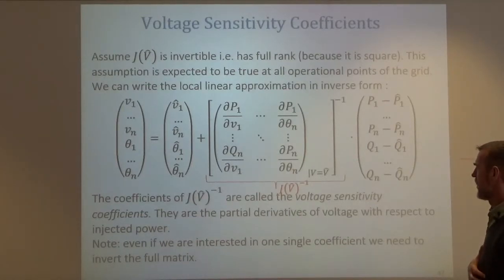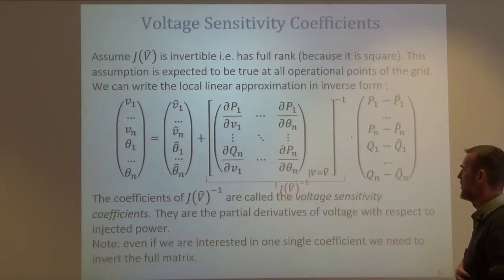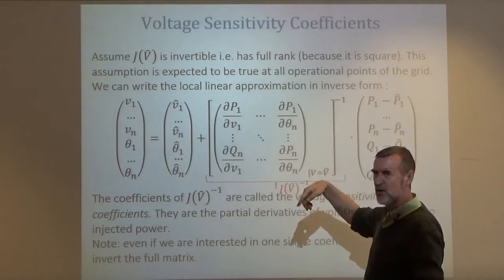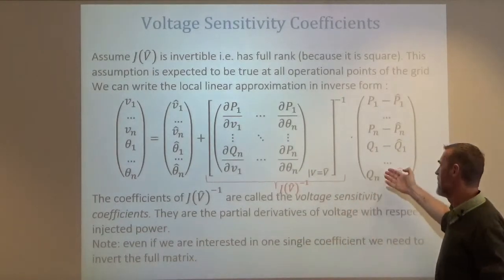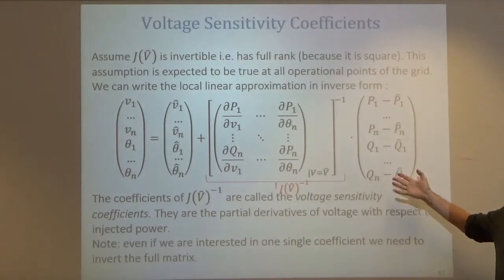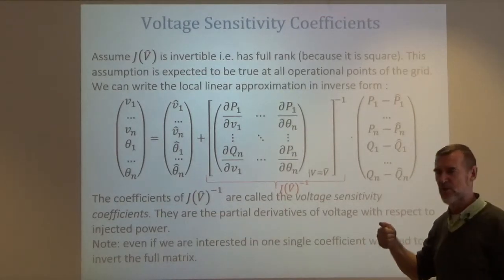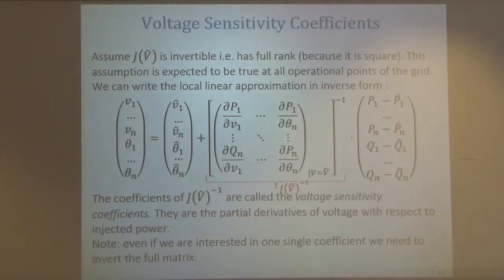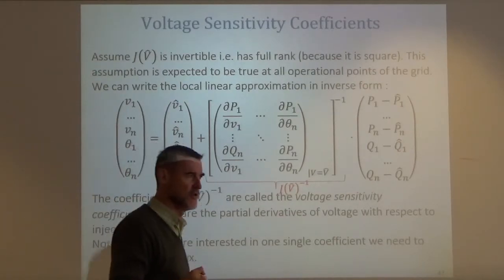The voltage sensitivity coefficients are how much a voltage is influenced by power injections. The problem I mentioned before, which is a very frequent problem in grids that have a lot of solar panels, is that the grids have been made and conceived and designed without assuming that there will be lots of solar panel injections. When there is a lot of injections, if the transformer is not able to follow very fast, then there will be overvoltage that might cause some systems to trip.